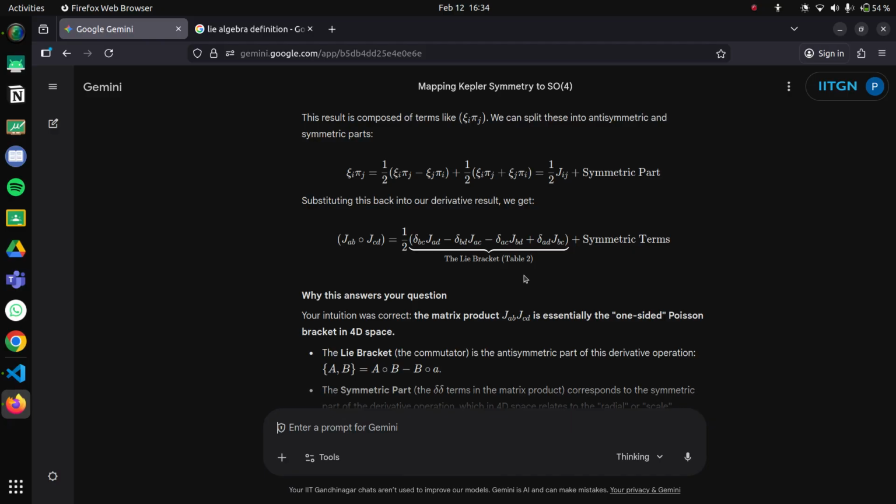One-sided Poisson bracket in the 4D space. Okay, so this is just a Lie bracket equal to. Is this the Lie bracket? Oh, it is. This is the same identity that it gave us, then plus a symmetric term.